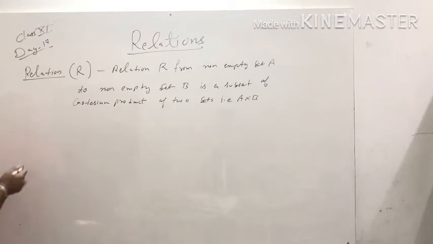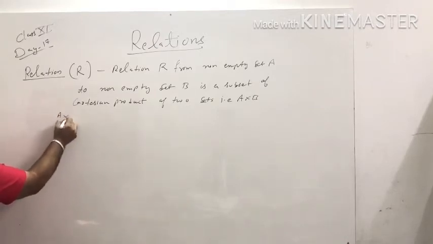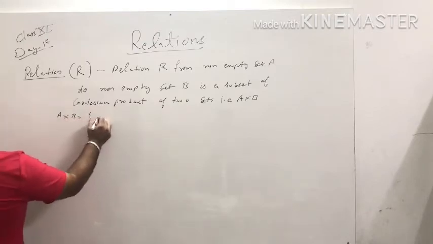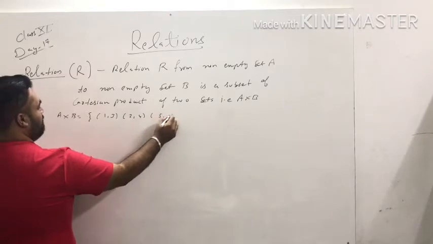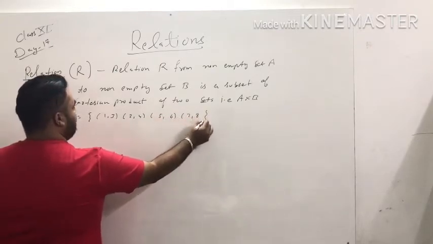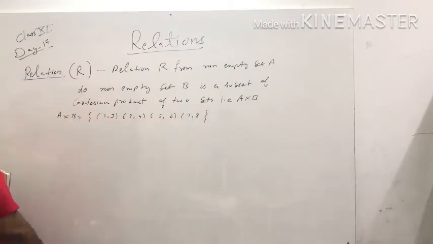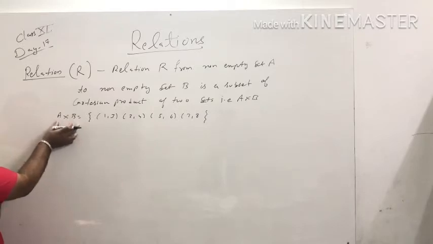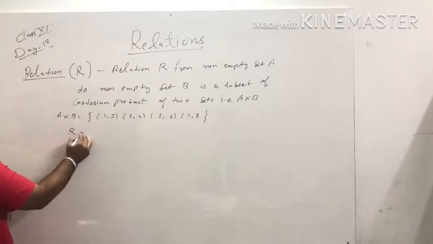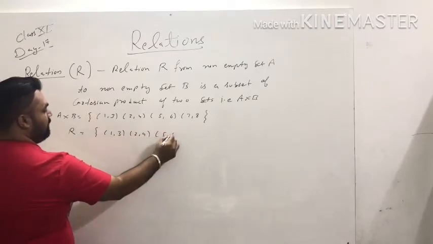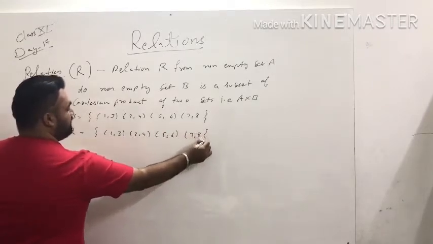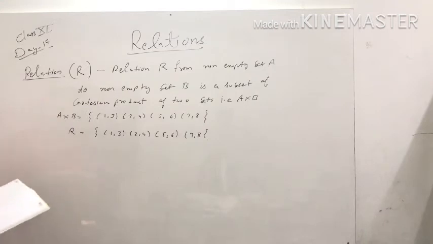So, for example, if A cross B equals (1,3), (2,4), (5,6), (7,8), then we can write A cross B equals R. So (1,3), (2,4), (5,6), (7,8). Now what is a subset?